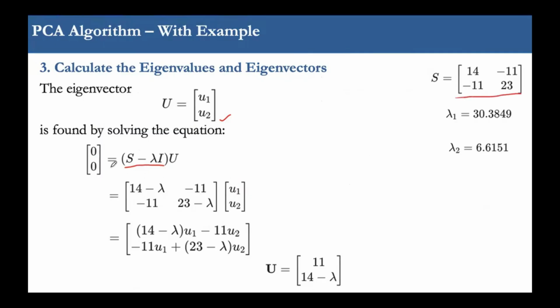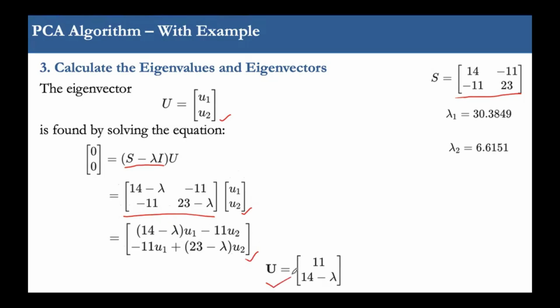And S minus lambda I, so we will get this matrix. Then u is u1, u2. We need to multiply these two matrices, and when we multiply them, we will get this value, and we need to solve this for finding the eigenvectors.